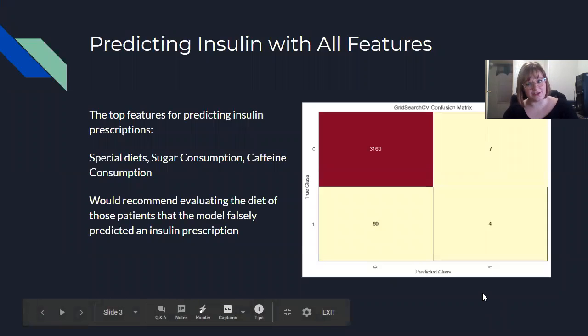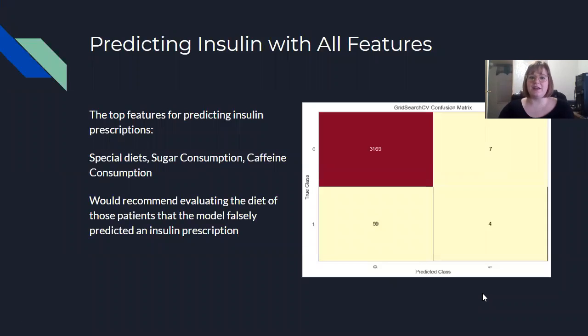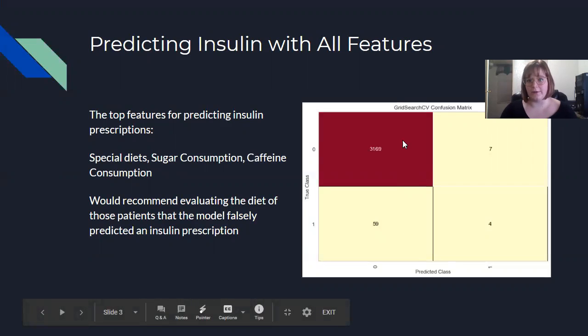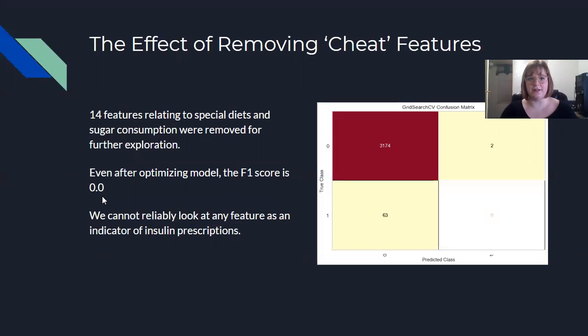So my recommendation is that we evaluate the diet of the patients that the model falsely predicted an insulin prescription. So if you look in this chart, these are people that the model predicted correctly.